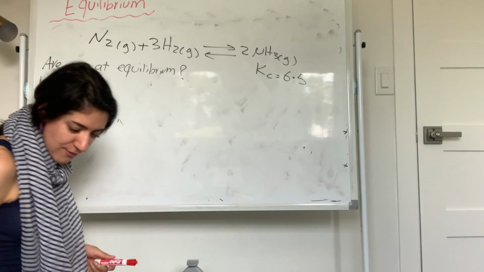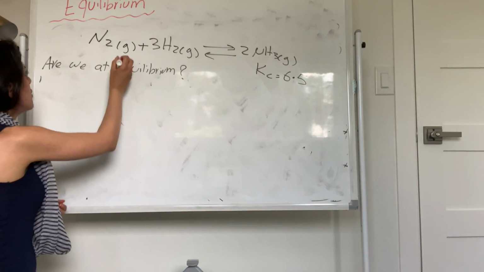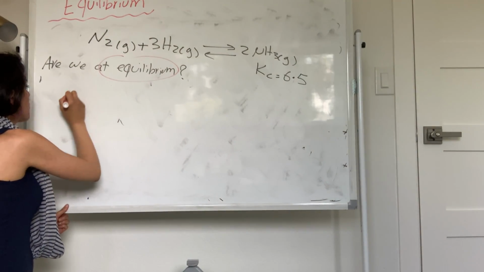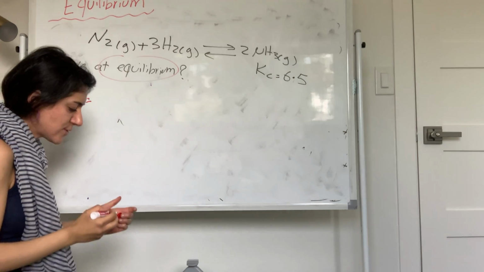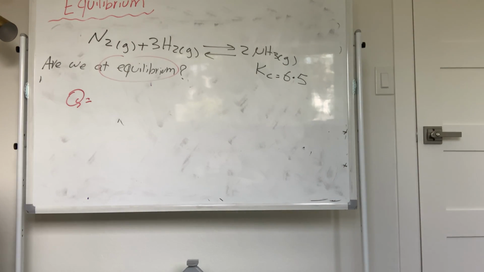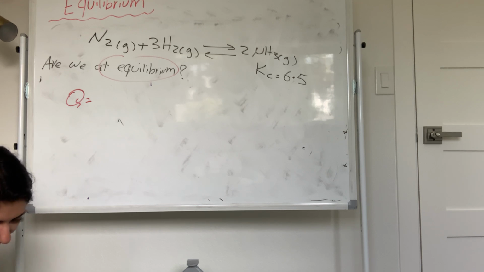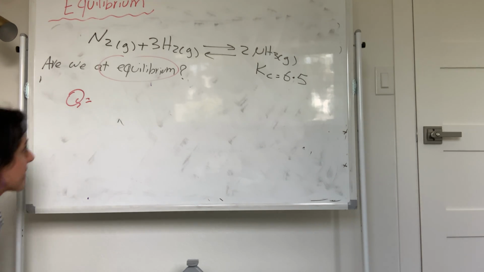Every time they ask you, are you at equilibrium? What are you trying to figure out? You're trying to figure out Q, because Q uses the concentrations you have right now. You guys are good so far? Now, in this problem, of course, they have to tell you the concentrations right now.